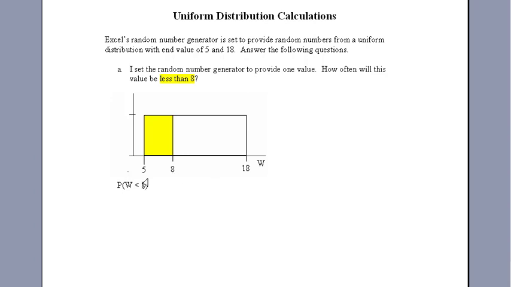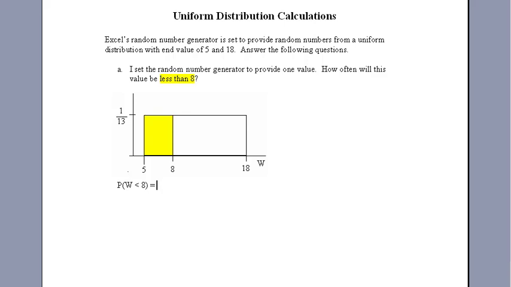Therefore, the width of this is 13 units across. 18 minus 5 is 13. What number times 13 will give me 1? Just find the reciprocal. In other words, the height of this being 1/13th times the entire width, which is 13, gives me 1 square unit.